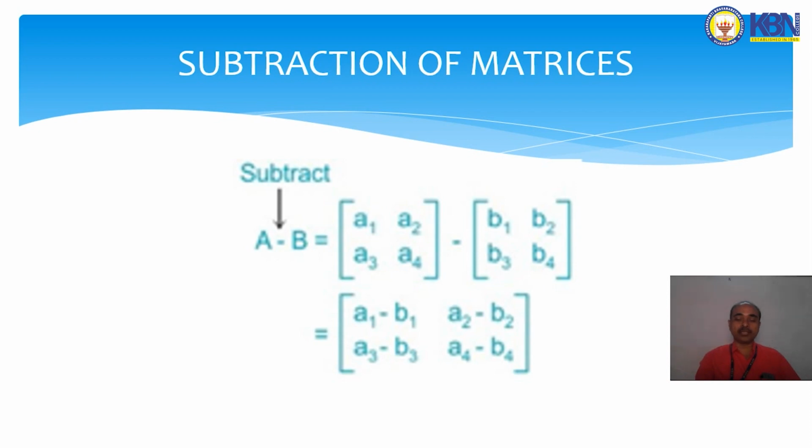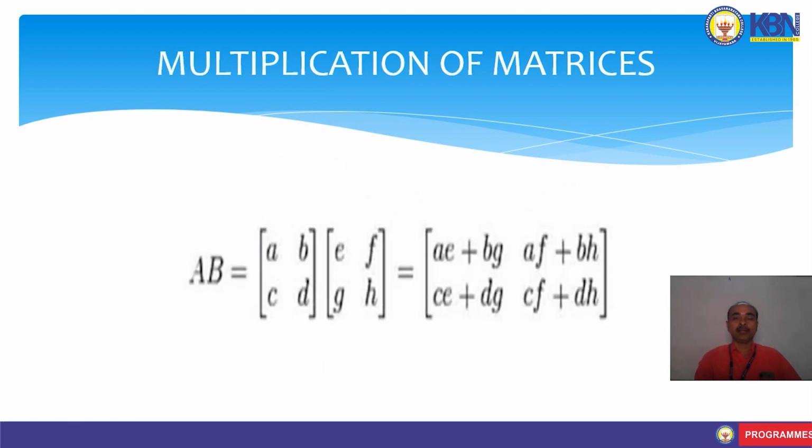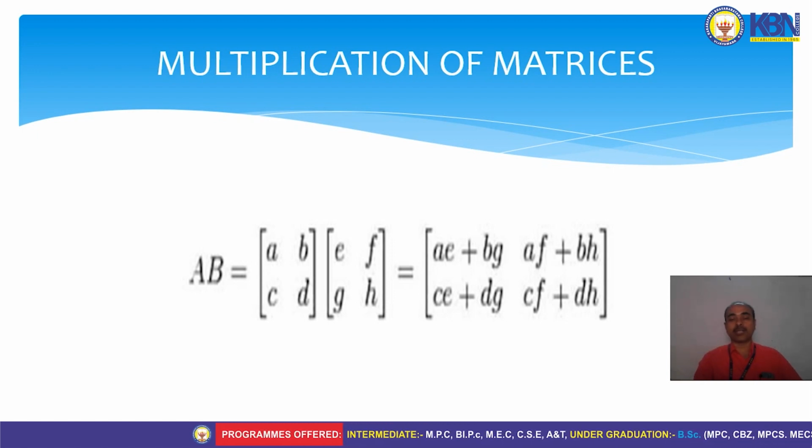And in the same way, instead of plus, we can write minus: A1 minus B1, A2 minus B2, A3 minus B3, A4 minus B4. In calculating multiplication, it is somewhat complicated compared to addition and subtraction. But if you observe, A, B, C, D are elements of A and E, F, G, H are elements of B. AE, that means the first row, first element must be multiplied with first column, first element.